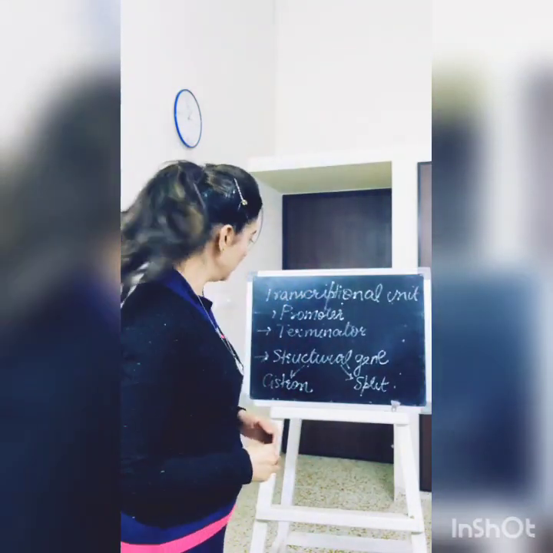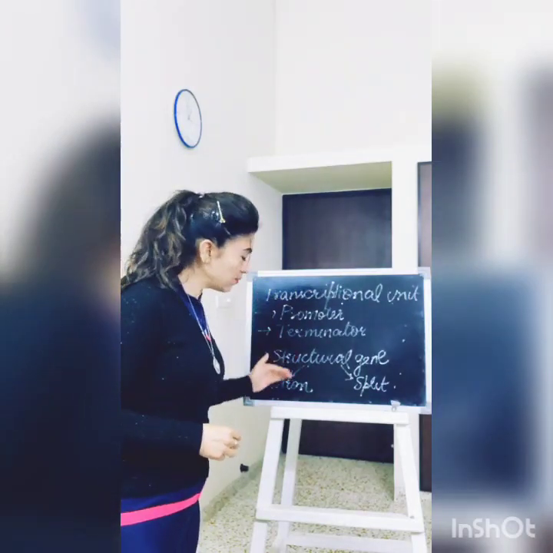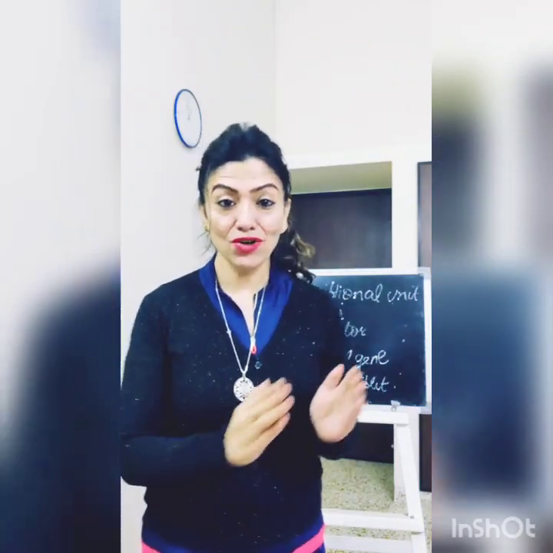Now we come to the parts of the transcriptional unit. There are three parts: promoter, terminator and structural gene. So we will describe all of them by taking the coding strand as reference. Now first we will write about the promoter. What is a promoter?